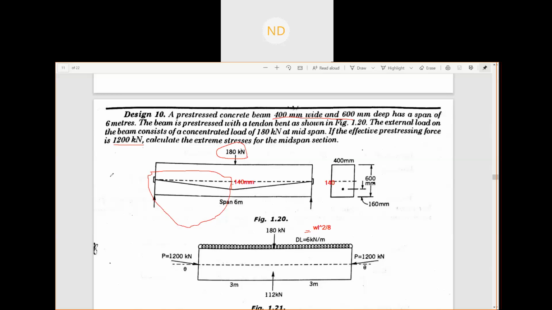What will be your tan theta if your pre-stressing force is at an angle theta, and here also these angles are your theta? Considering this, what will be your tan theta?